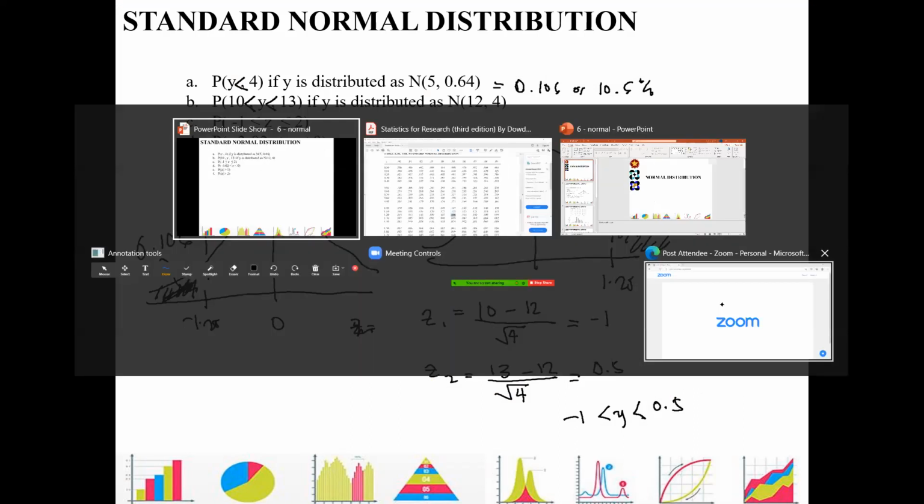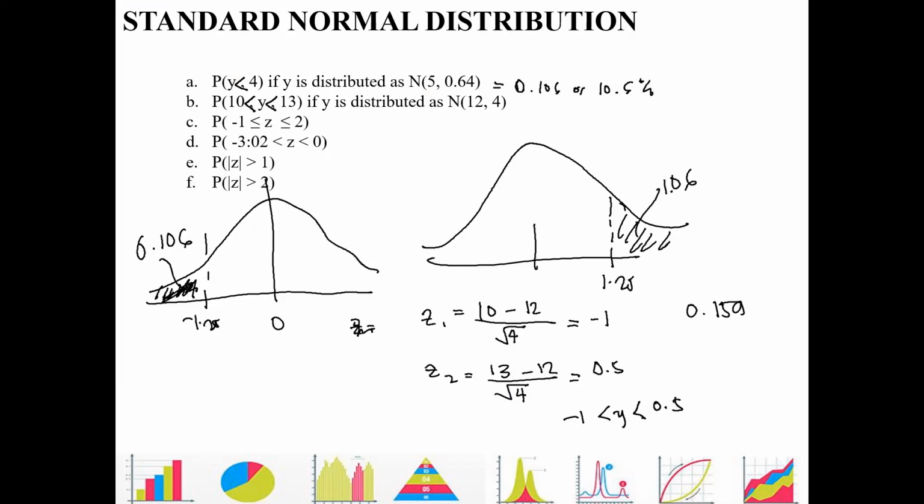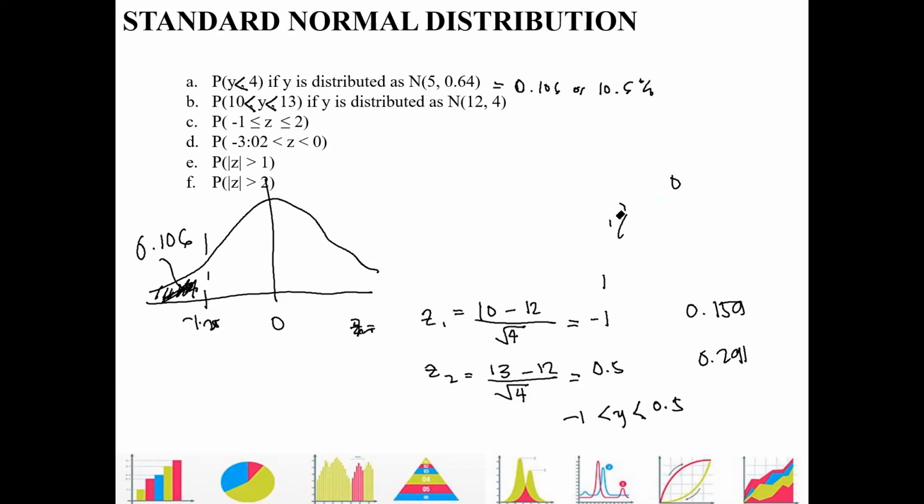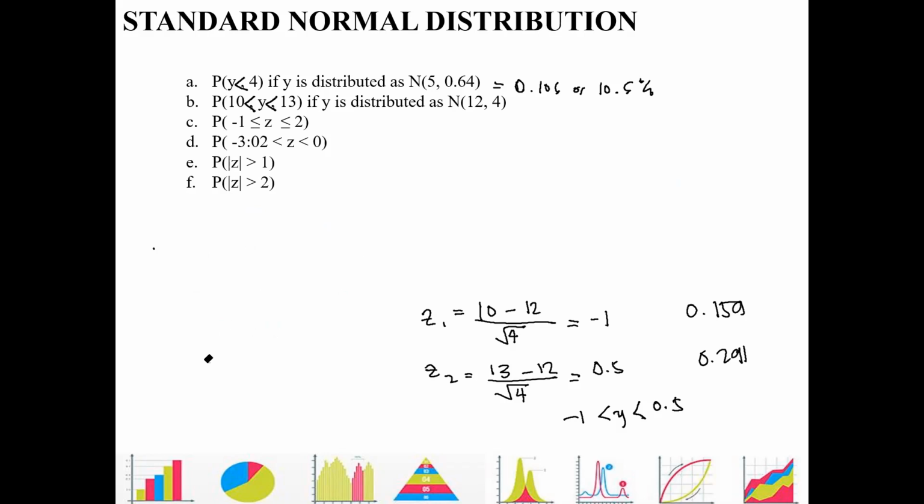And then yung 0.5 is 0.291. So kung titingnan natin sa bell curve yan, ano yung position na negative 1?